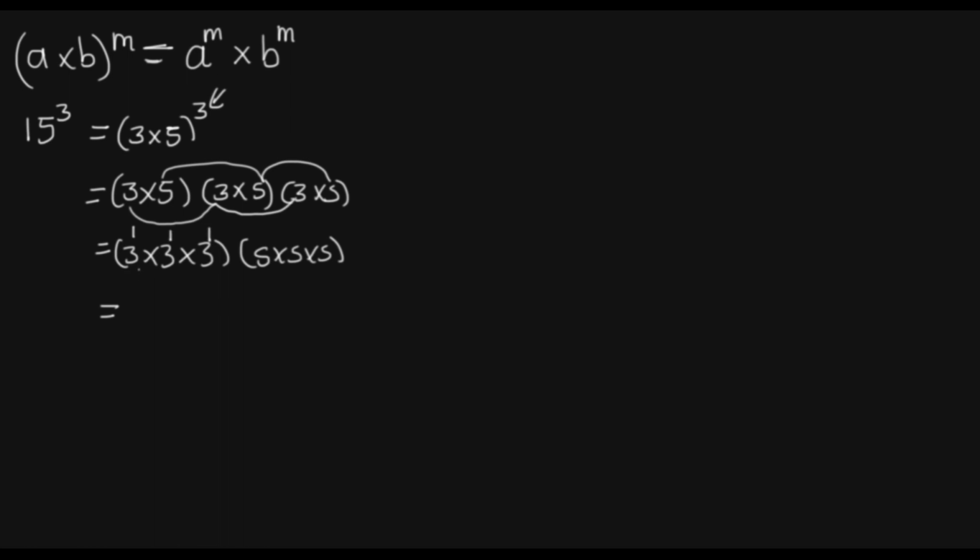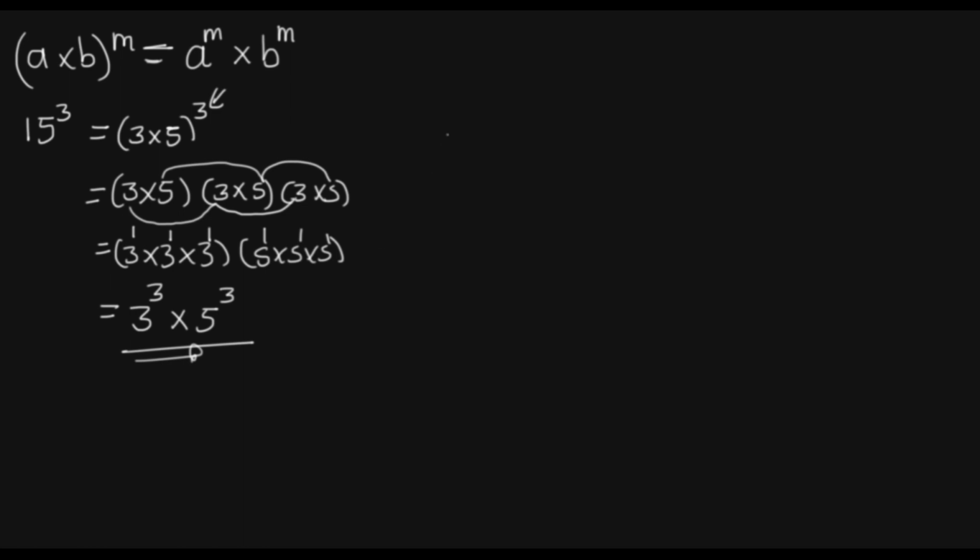So if we use the first law of indices, where we get one base, then we add the powers. So 1 plus 1 plus 1 is 3, and here we also get 5, and they are all raised to the power 1. So we can add the indices, which gives us 3.